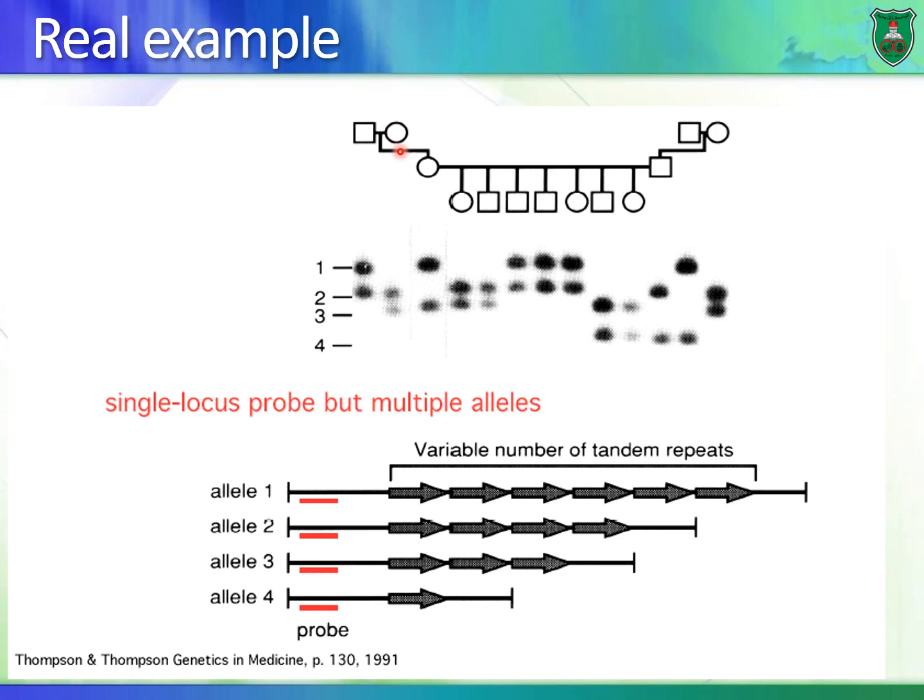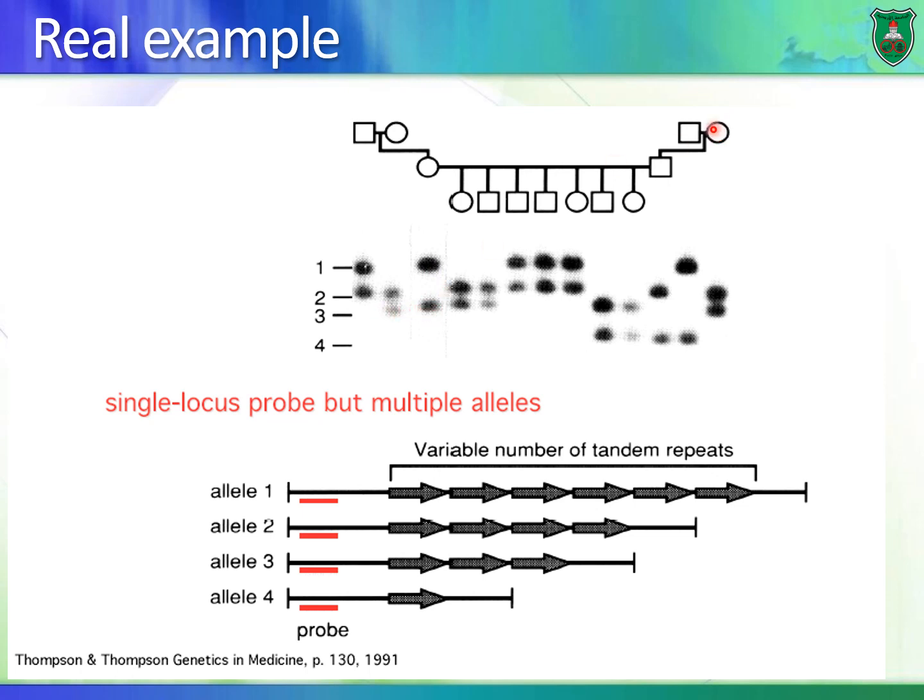Now this grandmother has allele number 2 and allele number 3. So you would expect this daughter to have one of these 2 from her father and one of these 2 from her mother. And that's true. In fact, she has allele number 1 from her father and allele number 3 from her mother.